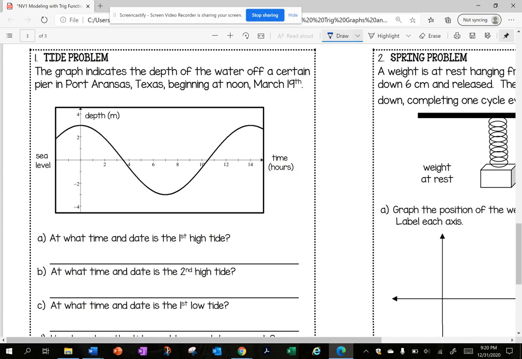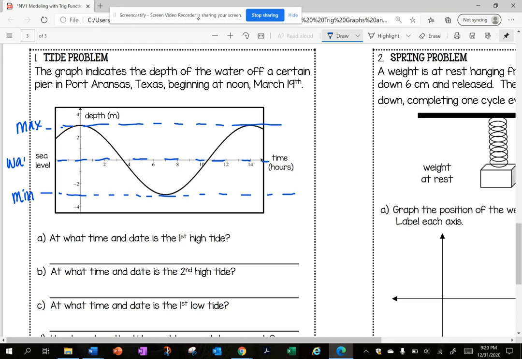So I'm going to start out by just sketching in and framing my sinusoidal curve. So here's my maximum. Here's my minimum. And I see that I'm going from -3 to +3, so my wave axis is the x-axis. So this is at y equals 0.